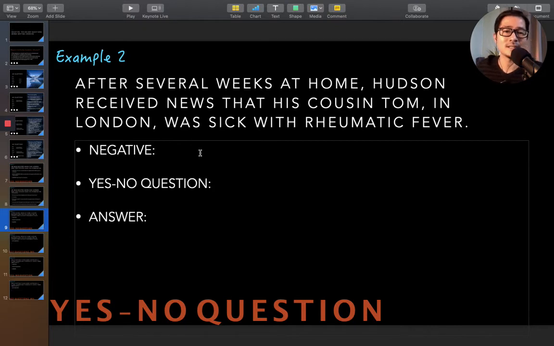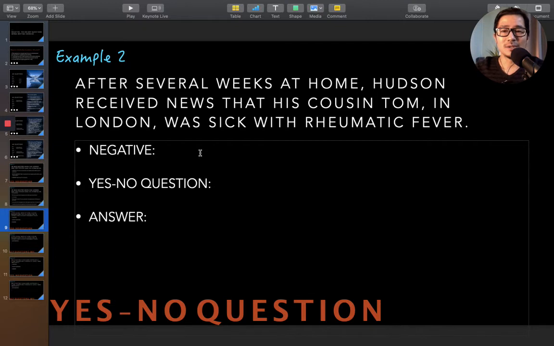We call this in English a complex sentence. Yes, it is a complex sentence. We're going to learn the different types of sentences much later in the course. But for now, yes, it is complicated, but it's a complex sentence technically.